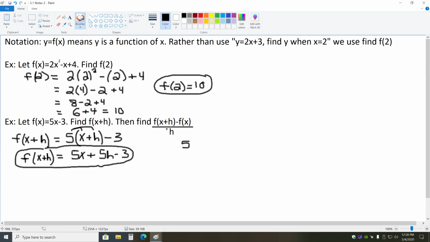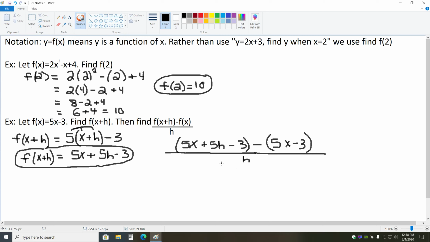So f of x plus h is just 5x plus 5h minus 3, and we're subtracting f of x, which we already know is 5x minus 3, but remember we're subtracting the entire f of x, so we have to put parentheses around these entire terms, and this is all divided by h.